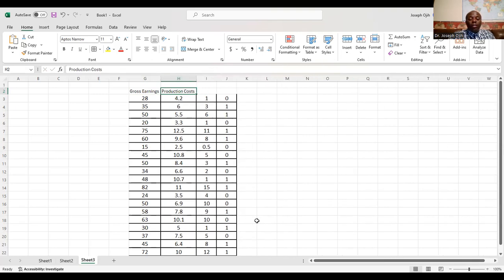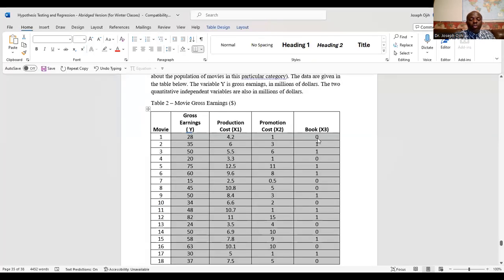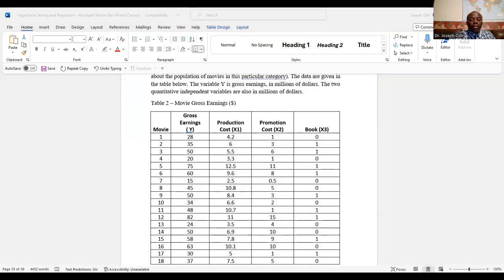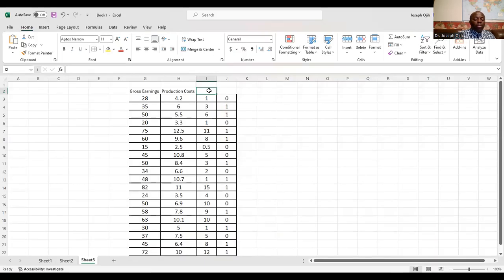Okay. Now the other thing is the promotion costs and the book. So the first one I did, I missed the last 2 rows. So that's why it was giving me an answer that doesn't look good.